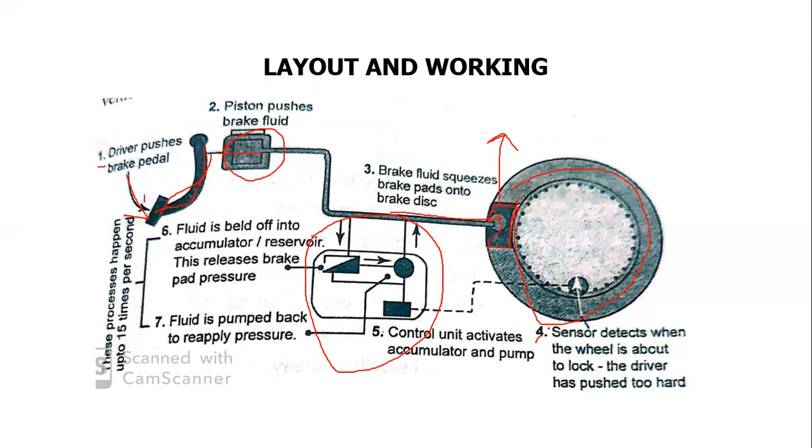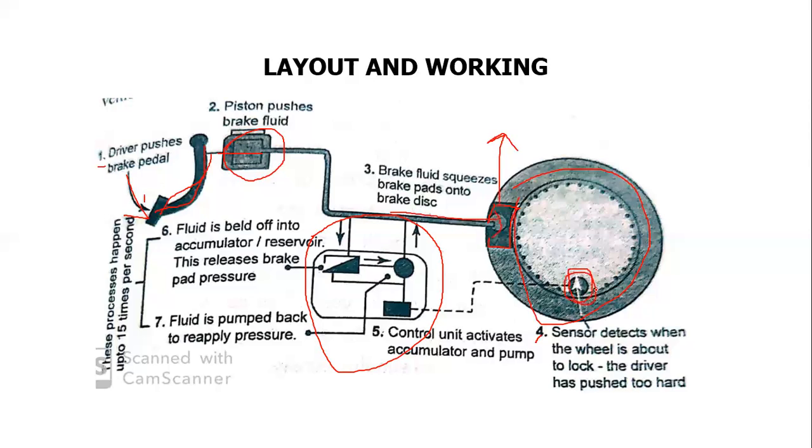The sensor, the ECU, comes into play. The sensor detects when the wheel is about to lock. Here is the sensor. The sensor consists of a gear profile. Whenever each tooth of this gear comes into contact with these dots, as you can see clearly in this picture, there will be a difference in the air gap with each tooth of this gear.